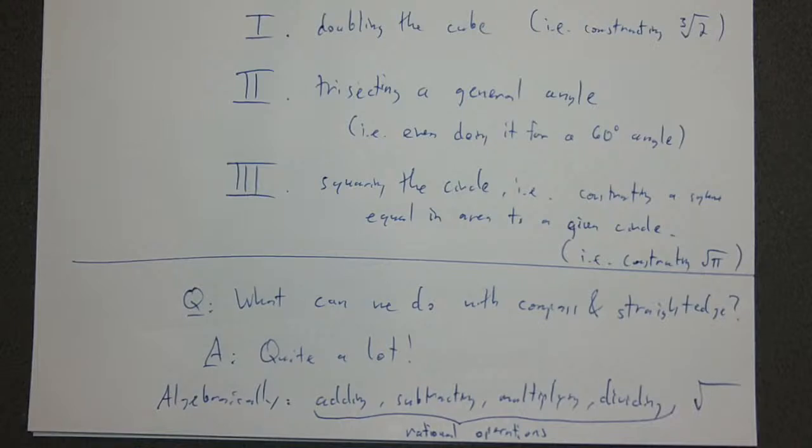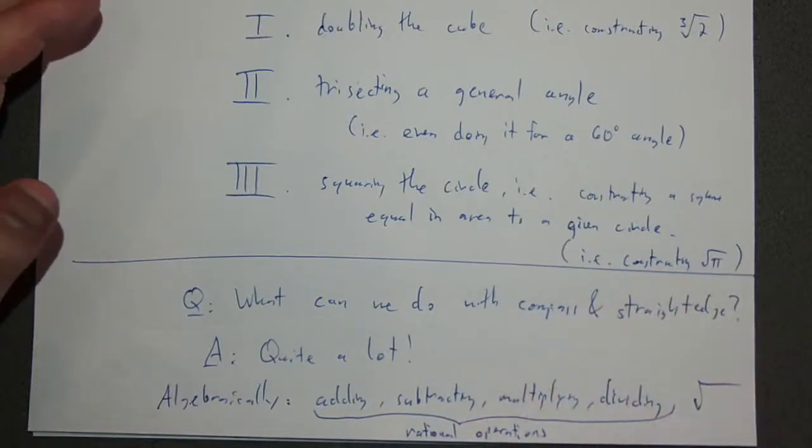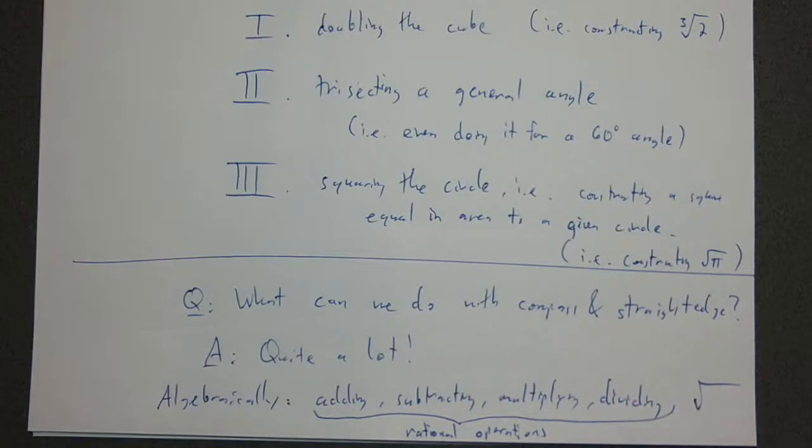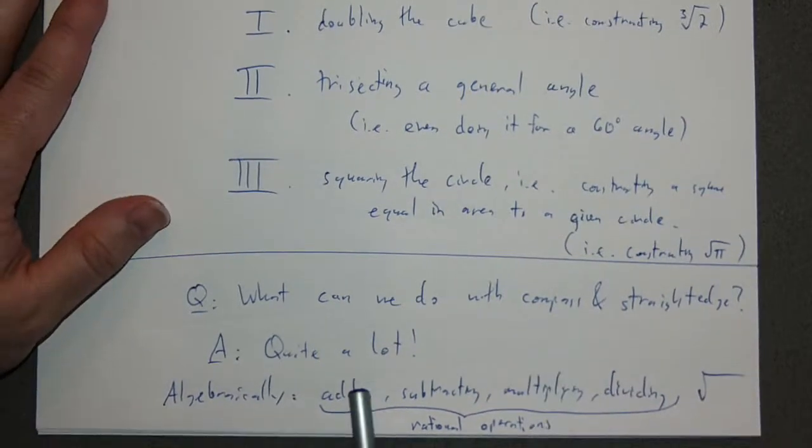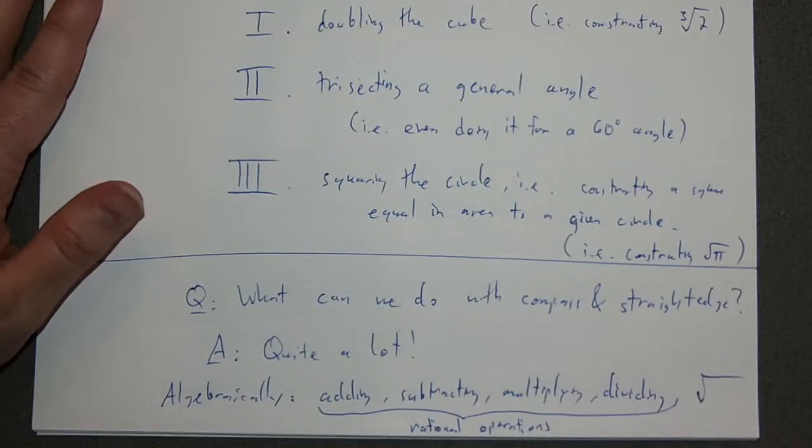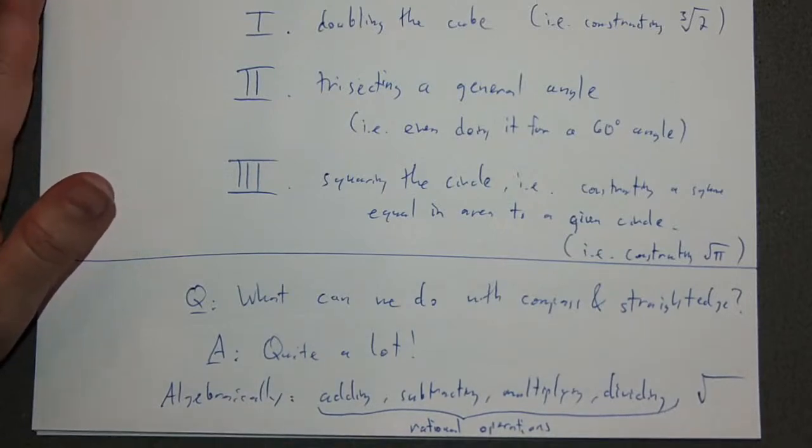In fact, we know that algebraically with compass and straight edge you can extract square roots. If you can construct rational quantities, which you can do, because you start out with unit length 1, and you're allowed to add, subtract, multiply, and divide, that gives you all the rational numbers.